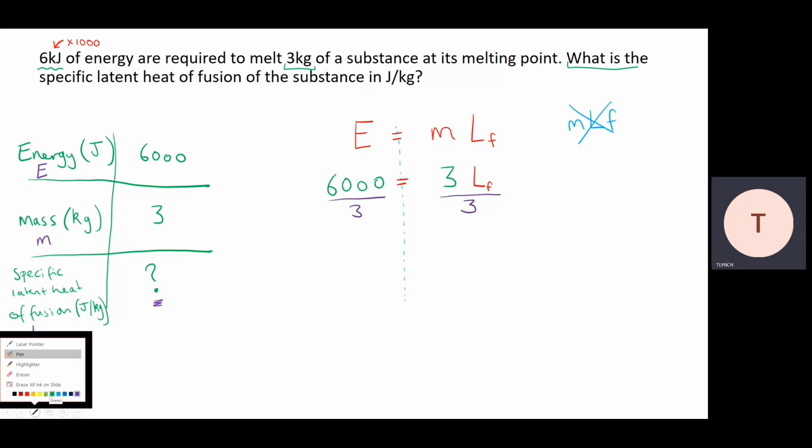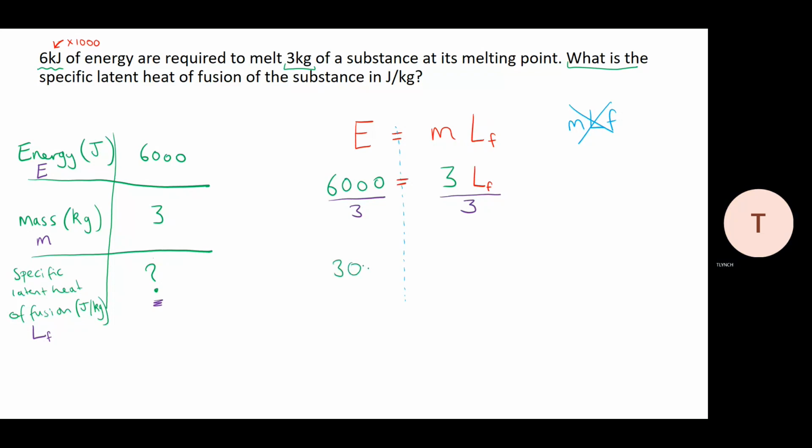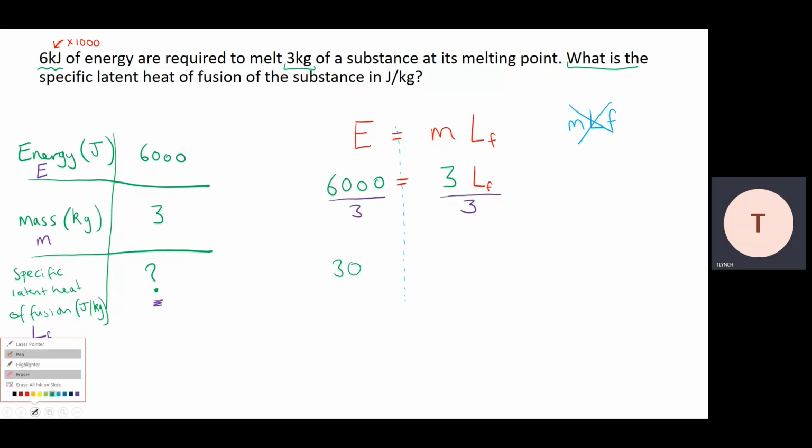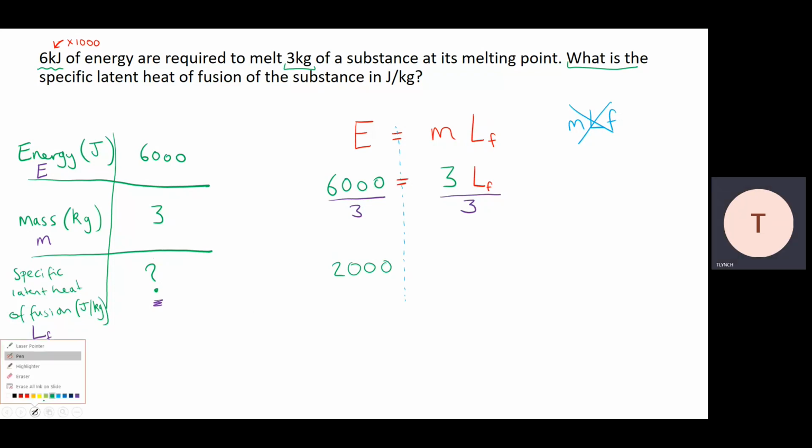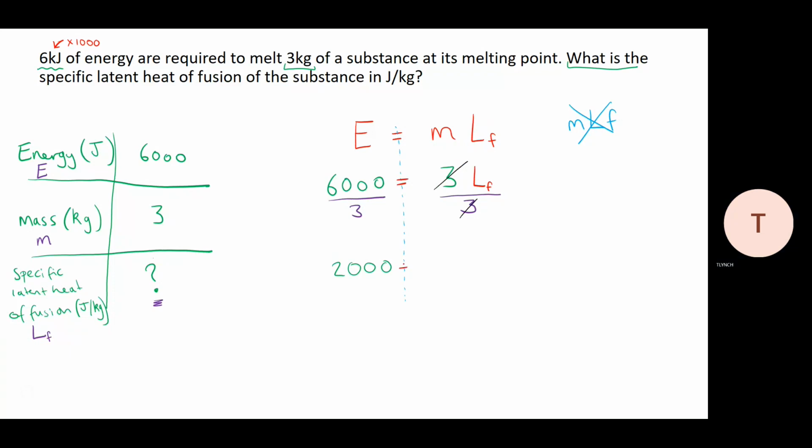Hopefully we should be able to see that 6,000 divided by 3 is, slight miscalculation, is 2,000. And 2,000 is equal to, well, on my other side, that 3 is just going to cancel out on the bottom, isn't it? So it's just equal to LF.